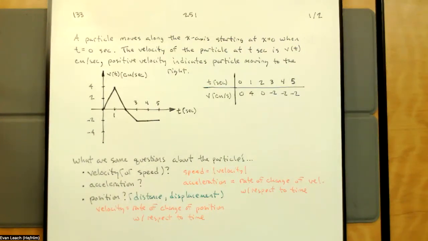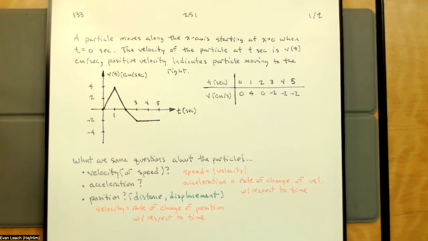But because there's a sharp corner there, our function is not differentiable at 1. So I can't tell you how the velocity is changing at 1. Our acceleration instantly goes from +4 centimeters per second squared to -4 centimeters per second squared. So our derivative is discontinuous. So our function is not differentiable.